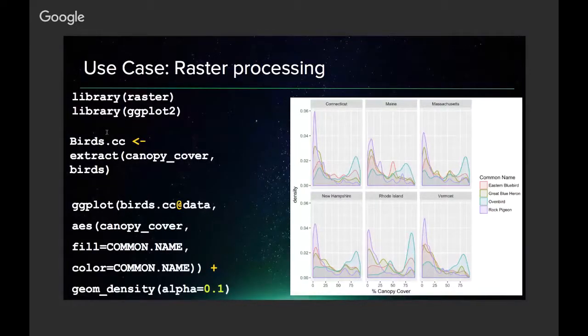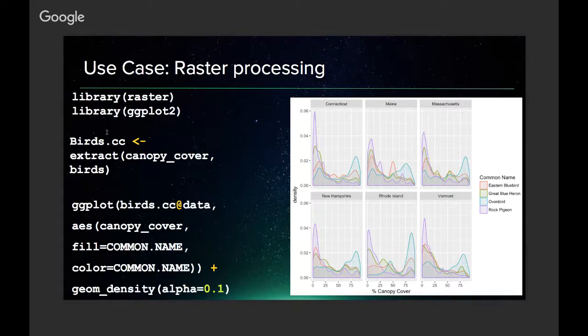I don't know if you can read that, but in this situation, I was playing with a raster and vectors, so I want to extract the raster value, in this case canopy cover value, to my bird points so that I know if some birds are found where there's more canopy cover or less canopy cover. That's just a simple extract my raster to my points.